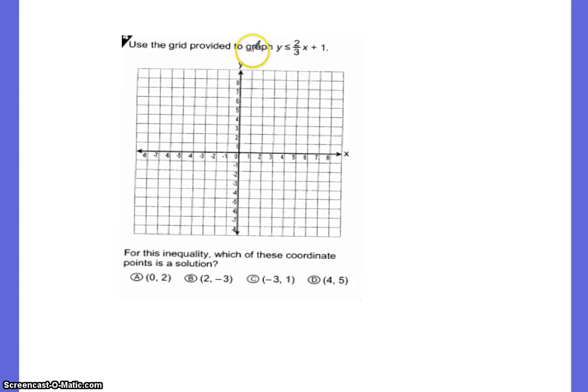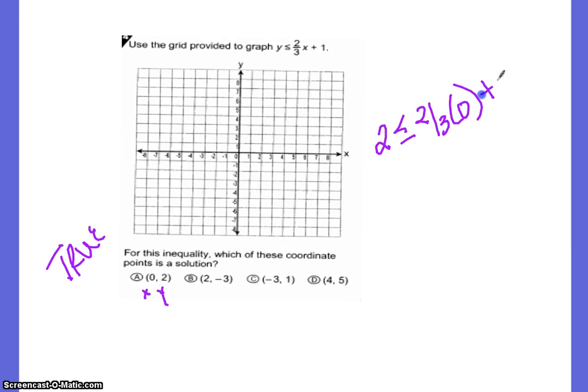Number 4, use the grid provided to graph this. For this inequality, which of these is a solution? To be a solution, they have to make it true, okay? So you just want to put this in for x and this in for y and see if it's true. So y is 2, it's less than or equal to 2/3 times 0 plus 1.